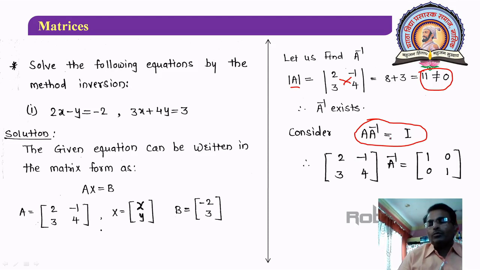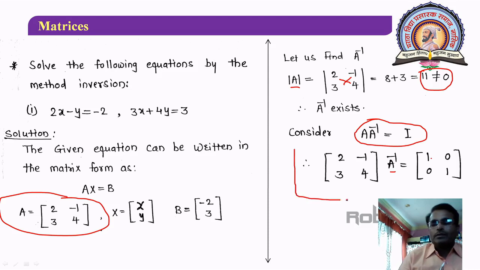So A into A inverse equal to I, that equation becomes, this is your matrix A, 2 minus 1, 3, 4, which is considered here. Okay. And into A inverse, and I on the right hand side is the identity matrix of the same order as that of A. So that's why 1 0 0 1 is taken next. So this is your system, and you want to find A inverse.